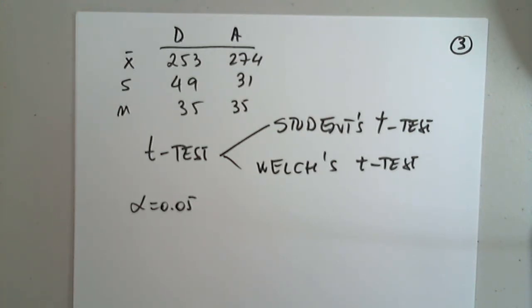Do individuals walk at different speeds depending? It doesn't say faster when they arrive or slower when they depart. It just says different. So it's going to be A then. That's it. The key word here is different.